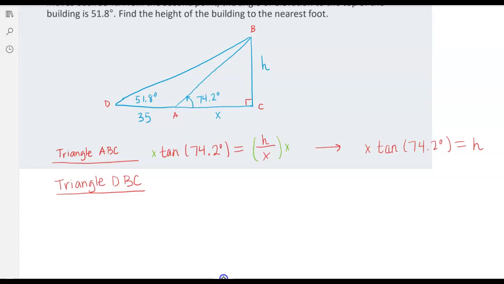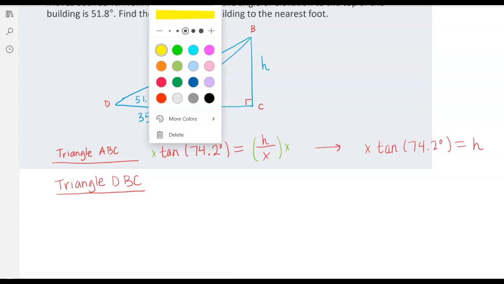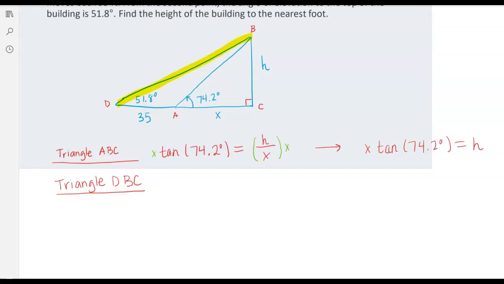Well, if we want to do the same thing that we just did by looking at the tangent, I can say that the tangent of 51.8 degrees is the opposite side, h, over the adjacent side. In this case, the adjacent side is really long. It's 35 plus x. It's that whole side combined together.